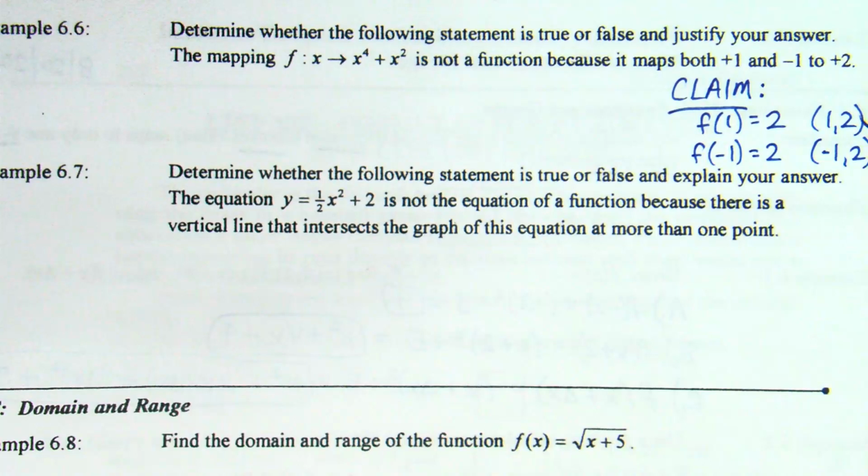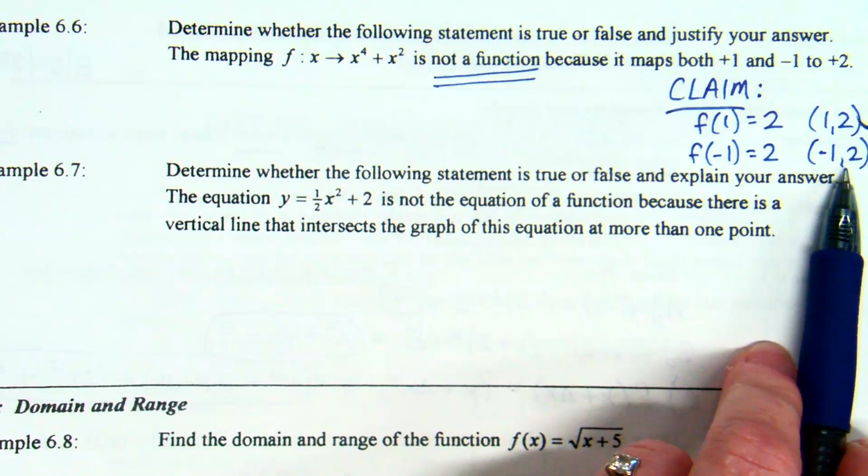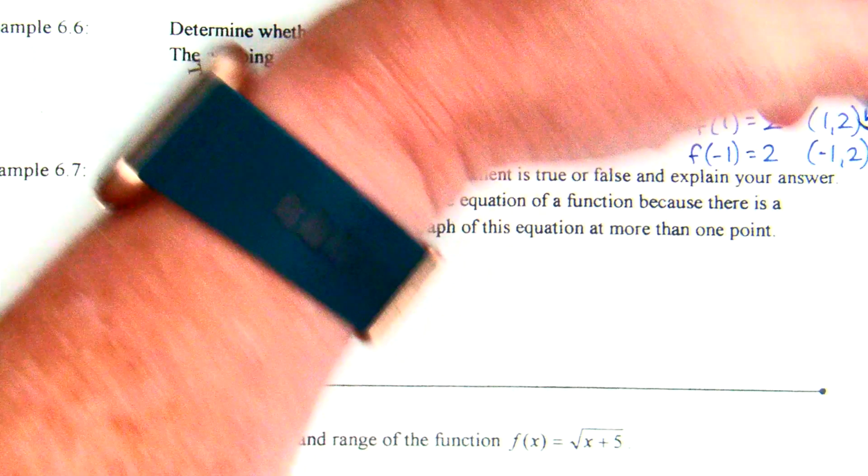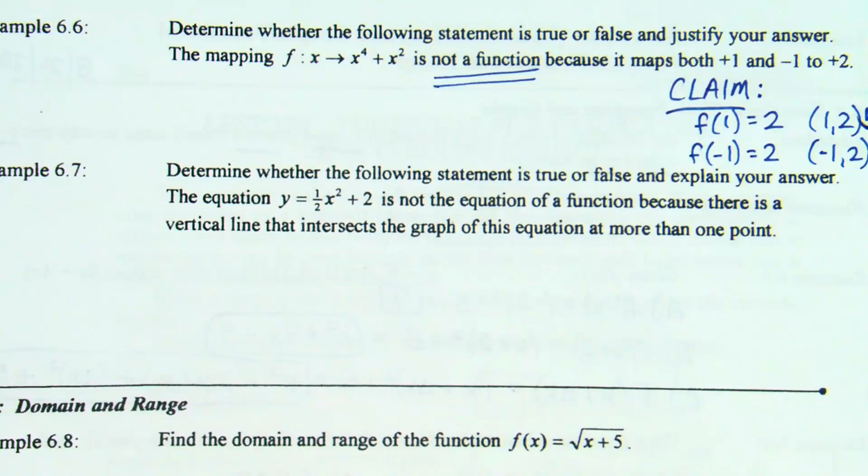Are these points a function? Yeah. The y values can repeat, that's fine. The x values have to be unique. So this is good. This is a function. And so the key here is that two different x values can be mapped to the same y value. So I'm going to say a big old false.